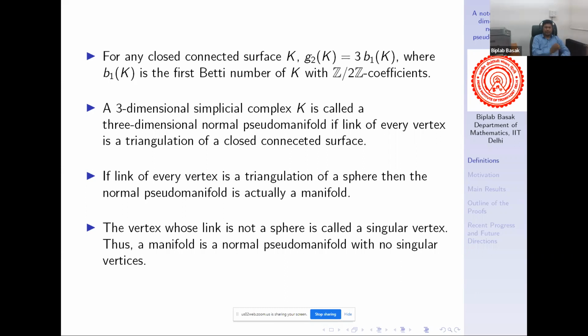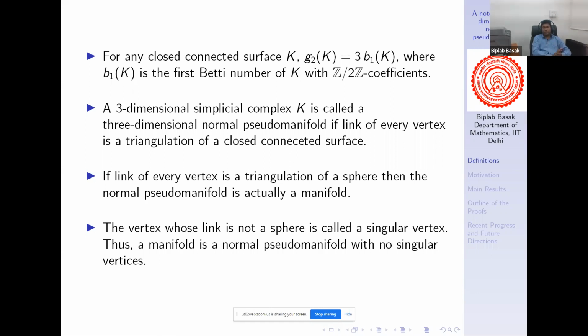Now, if the link of every vertex is a triangulation of a sphere, then the normal pseudomanifold is actually a manifold. So therefore, we can say that a manifold is just a normal pseudomanifold with no singular vertices.